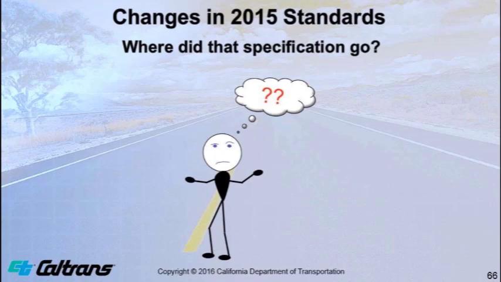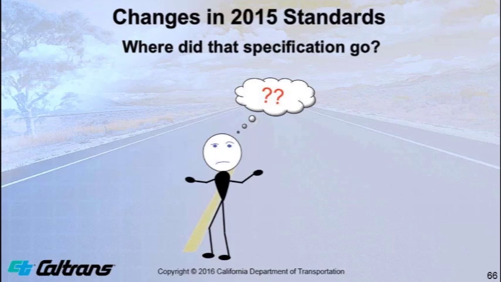So for technical content, if you're currently bidding a project using the 2010 standard specifications, the version of the revised standard specifications included in the special provisions contains the same technical content as that in the 2015 standard specifications.